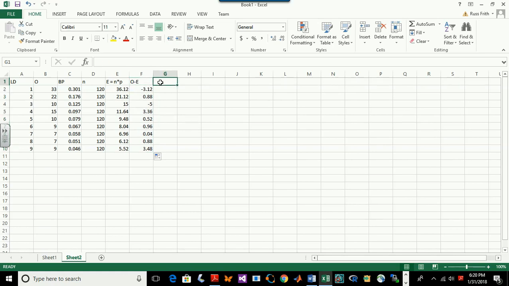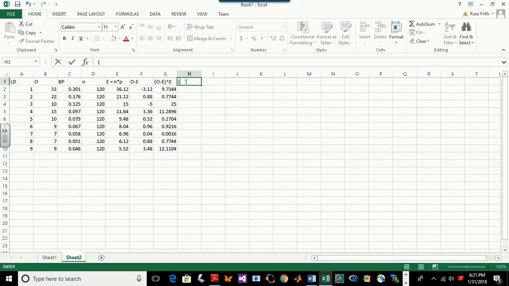Now we take that column and we square each of the elements. So this would be O minus E squared. Basically I take that number and I square it. And then I bring this down. And then I take that column and I divide it by the expected value.